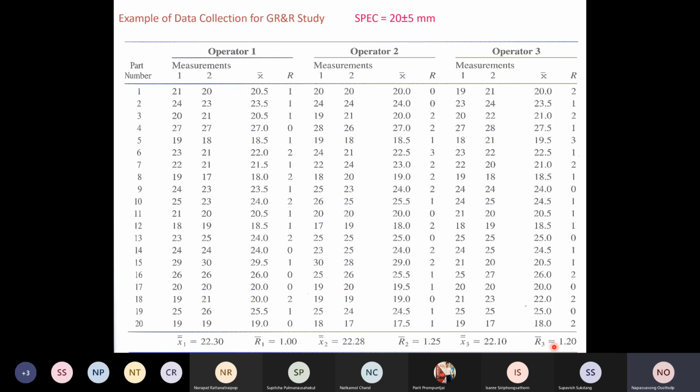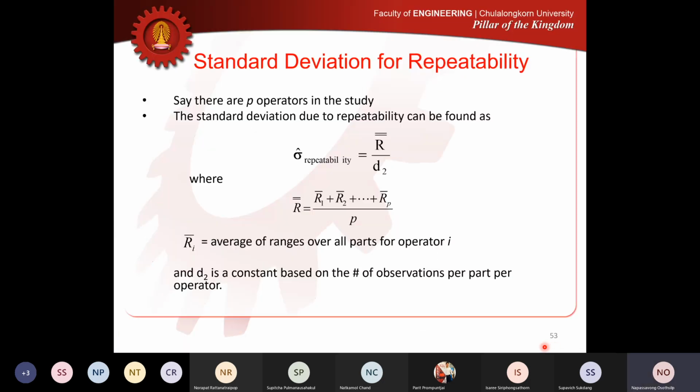So what does R bar represent? Each R bar tells you the variation regarding repeatability for each operator, but if we average those numbers again, what does R bar mean?